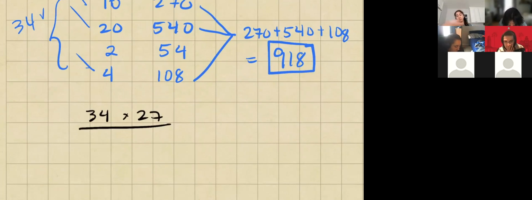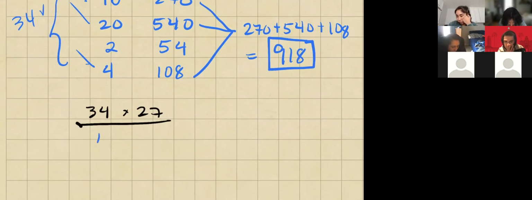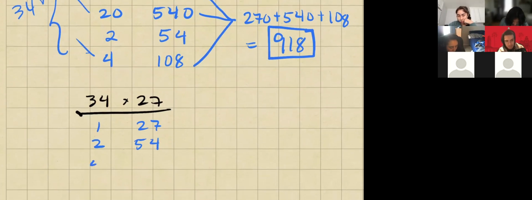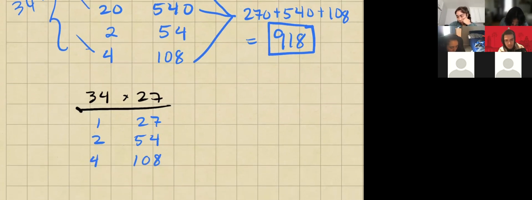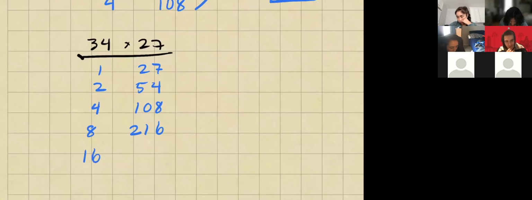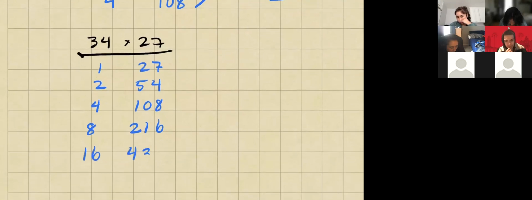So that would be, let's see. So we would have 1, 27, 2, which is 54. And then we would get what? 4, 108, 8, which is 216, 16, which is 432.